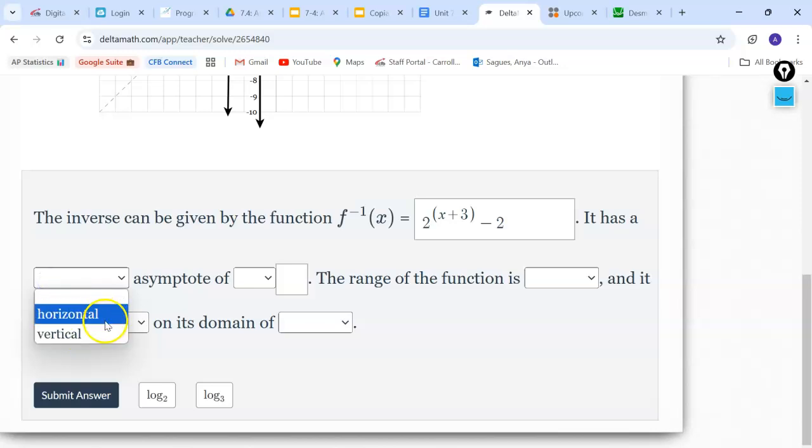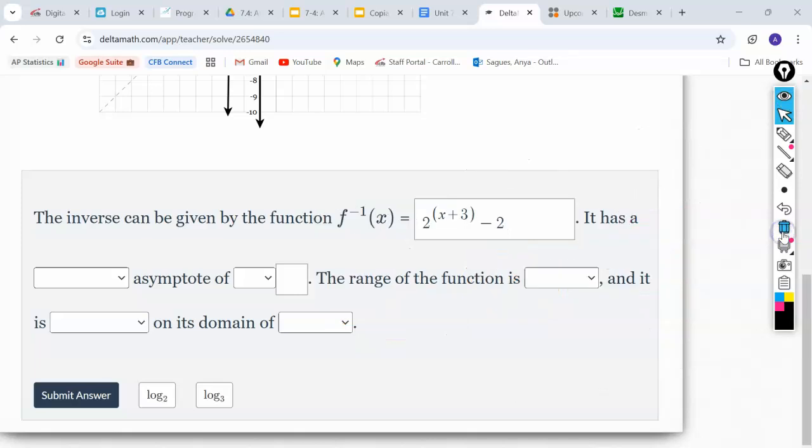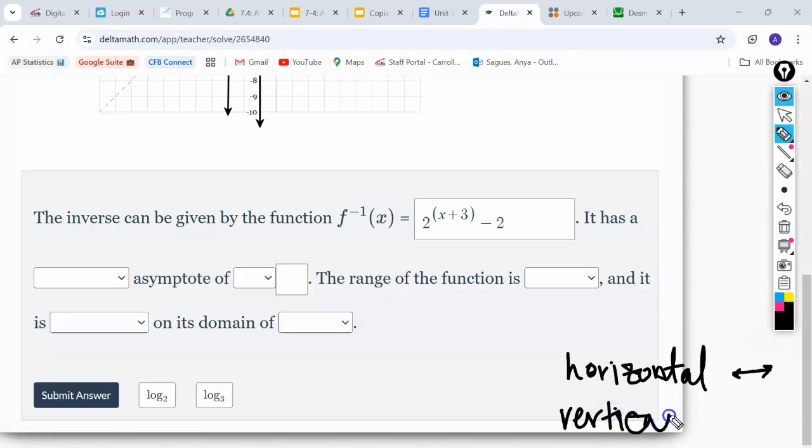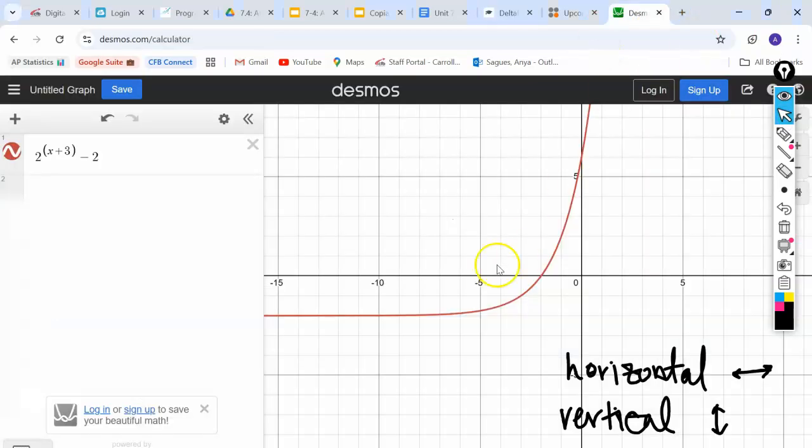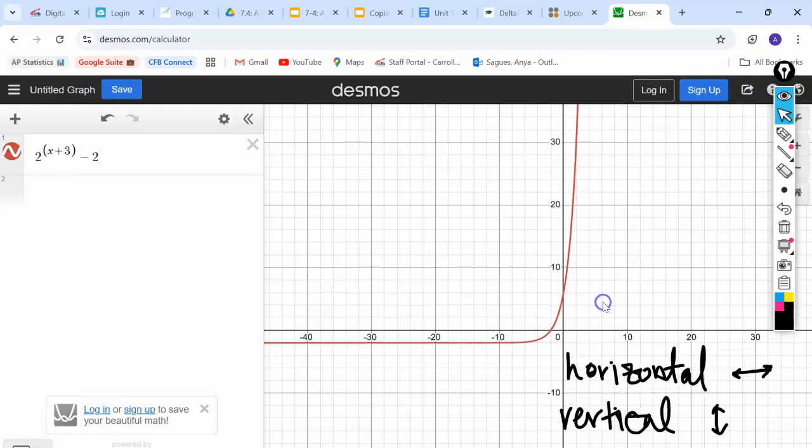Remember that horizontal is side to side. So horizontal is this direction. Vertical is up and down. So when I'm looking at the graph, I'm looking to see, okay, where am I seeing an asymptote? Where am I seeing a straight line? Am I seeing a side-to-side straight line where the graph stops, or am I seeing an up and down line where it stops?